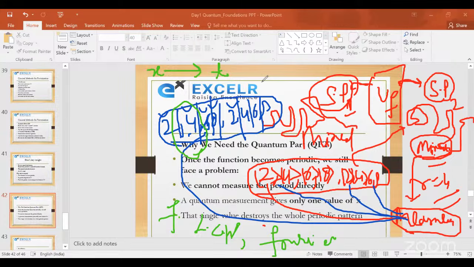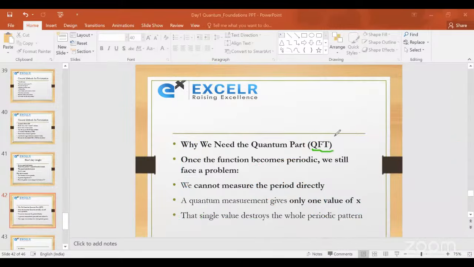When we apply this Fourier transform, that is the QFT, what will happen? Suppose now I deal with a waveform.